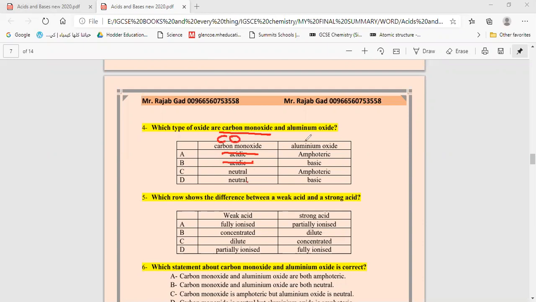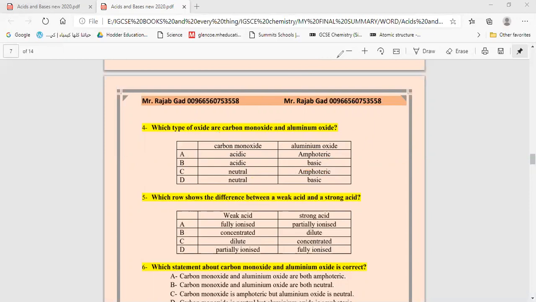So this one is incorrect, this one is incorrect. Aluminum oxide, Al2O3, is amphoteric. So aluminum oxide is amphoteric and carbon monoxide is neutral. So the correct answer is C.